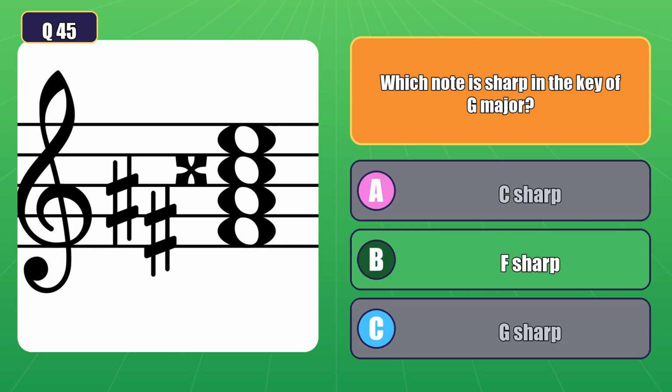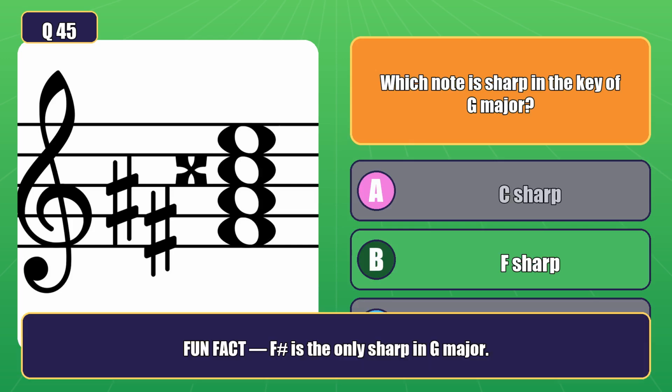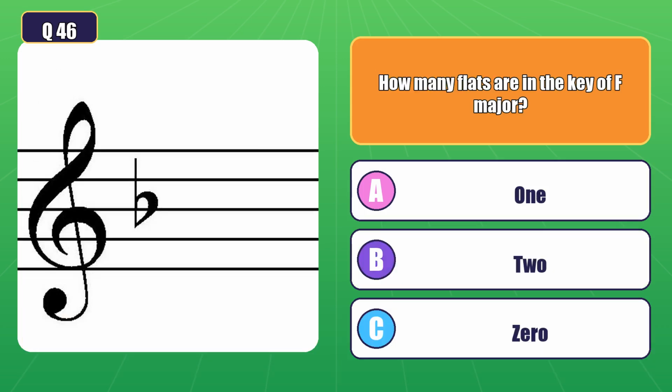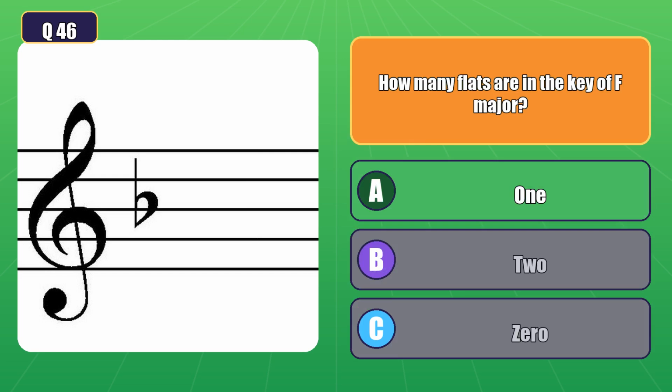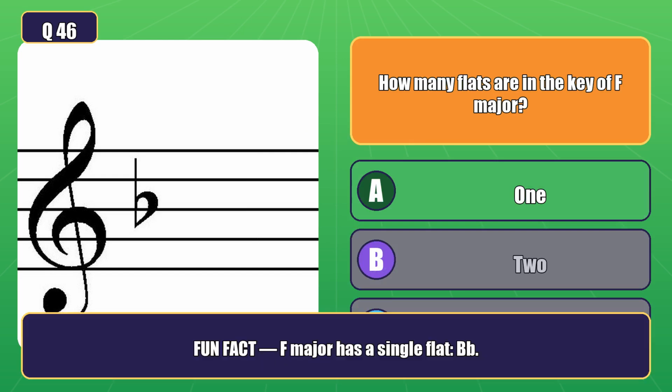The answer is F sharp. Fun fact, F sharp is the only sharp in G major. Question number 46. How many flats are in the key of F major? The answer is 1. Fun fact, F major has a single flat, B flat.